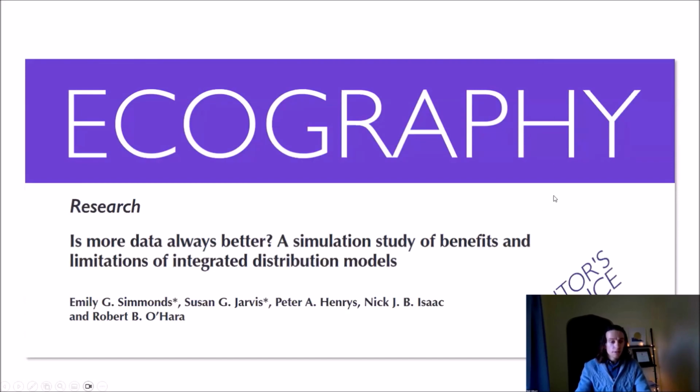So this is a great study where these authors performed a bunch of simulations and showed that if you combine a bunch of biased presence-only data with your structured count or presence-absence data, even with an iSDM, you're still not going to be doing too well because that bias in your presence-only data might just really throw things off. So that's another thing to really evaluate when you're designing a study.